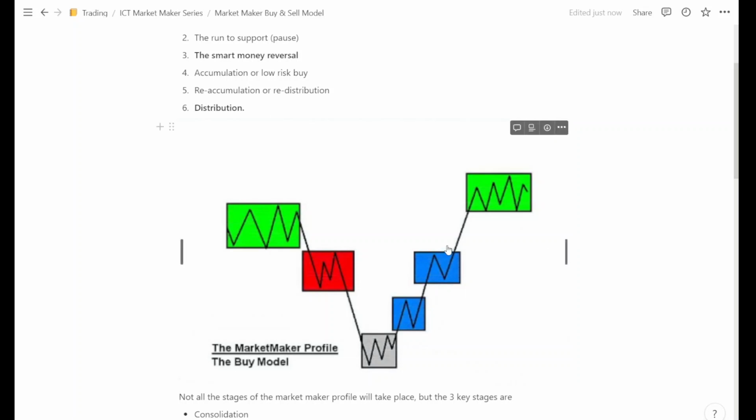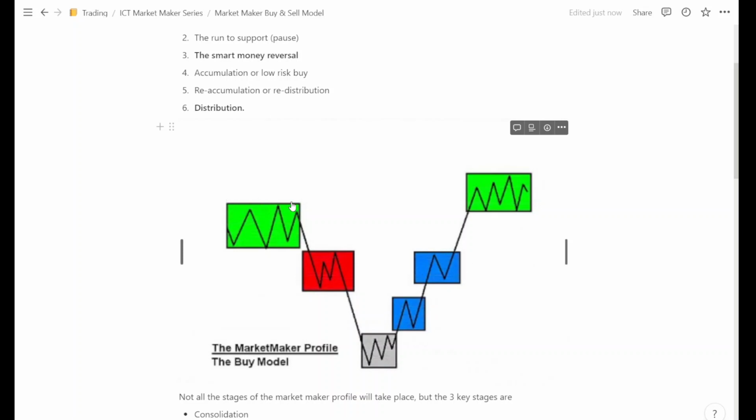Now, sometimes price may reverse at this reaccumulation stage and come back down to take this low. That's something you need to pay attention to and anticipate as well. But generally, most of the time, this is what tends to play out. Sometimes the reaccumulation stage may be a trap.